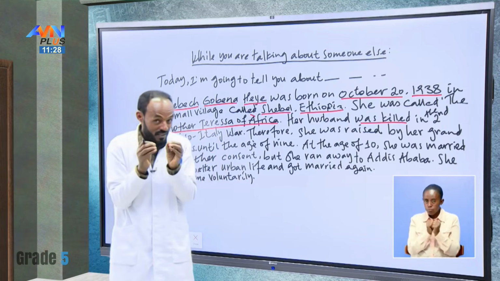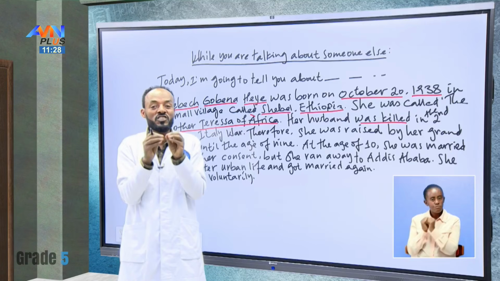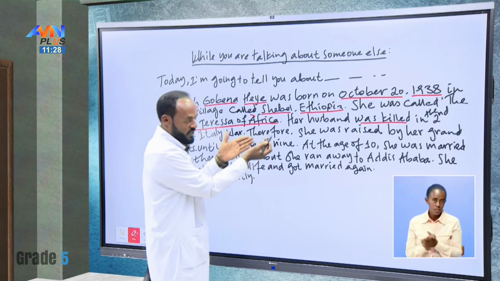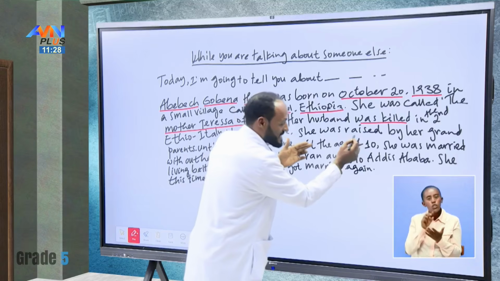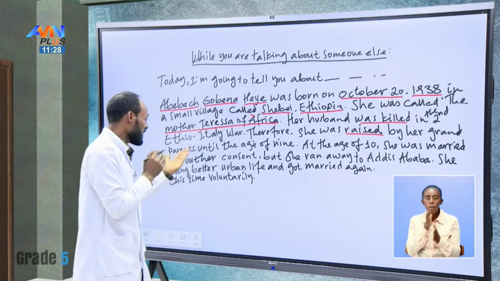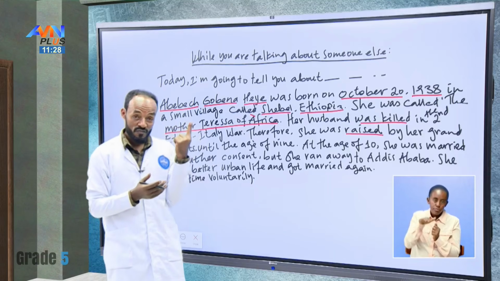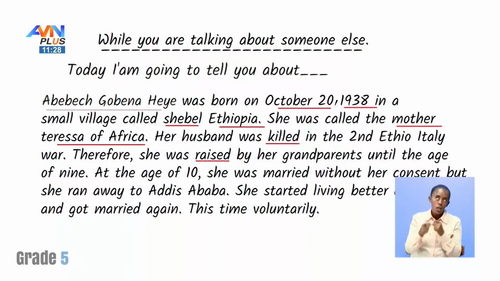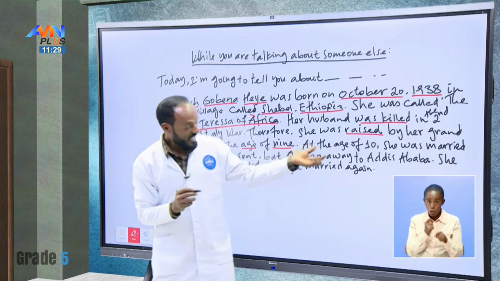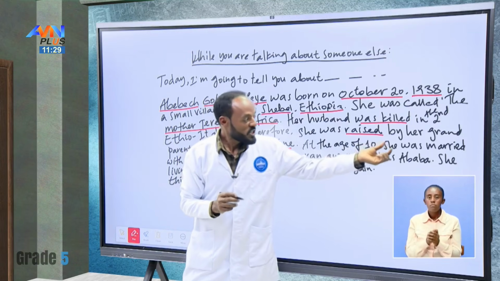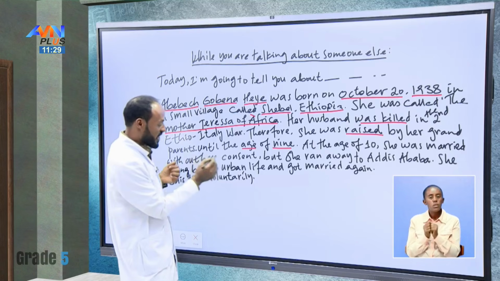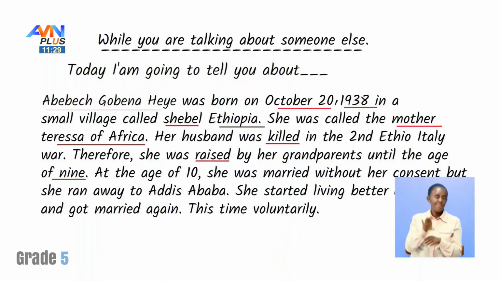This is the struggle that she faced. What about this? Therefore, she was raised by her grandparents until the age of 9. At the age of 10, she was married without her consent. Bear in your mind.